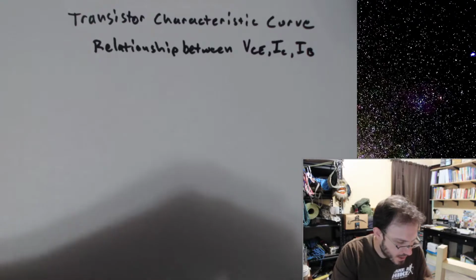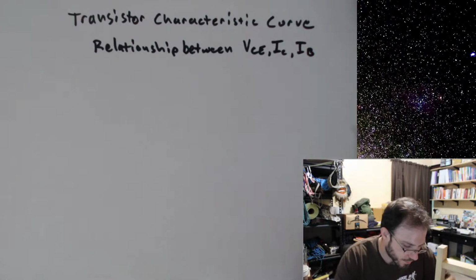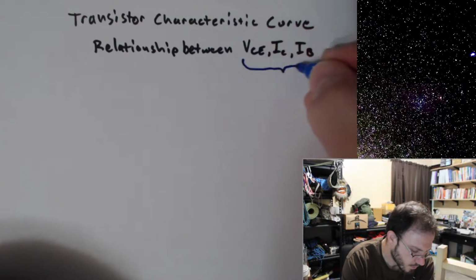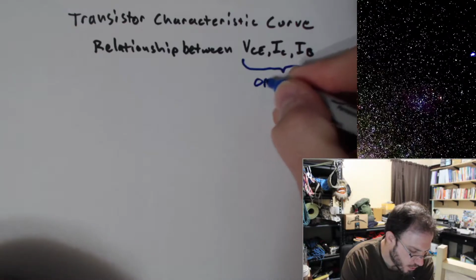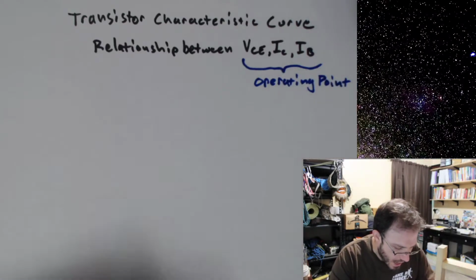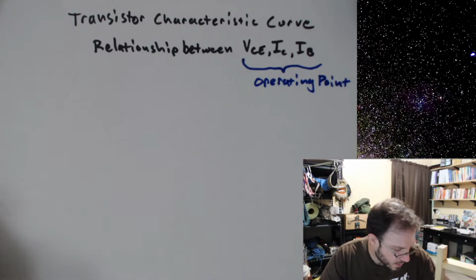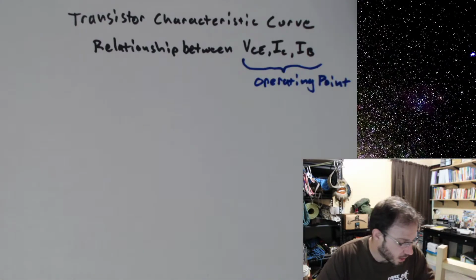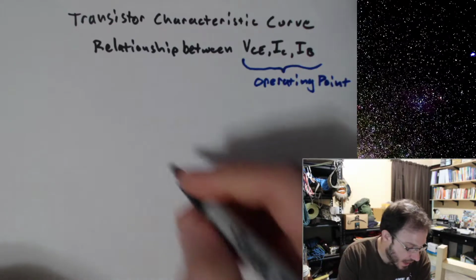These 3 together we referred to as the operating point. The way we're going to represent this relationship is to plot the collector current along the y-axis and VCE along the x-axis.